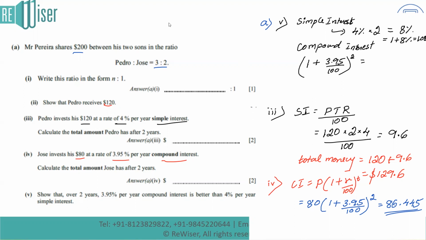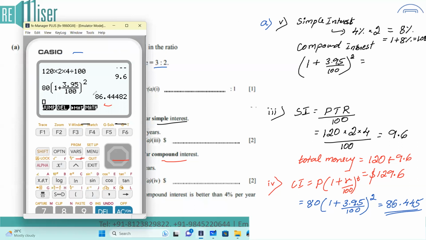And for the second part, if I put this one in the calculator, okay, I have already put this. I'll just remove 80 from here. When I do that, I'll be getting 1.08056. So that's basically an 8.056% increase.